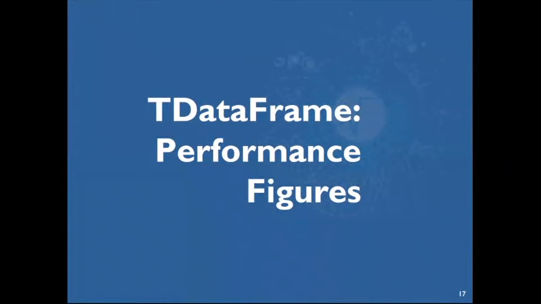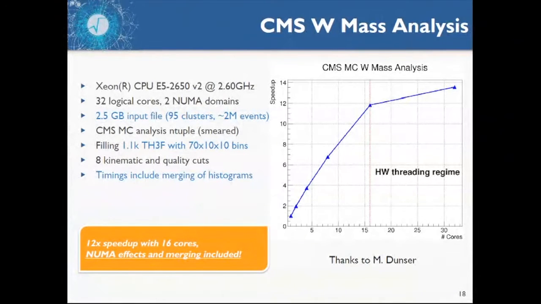So now I show some performance figures. This is a conversion into T-data frame of a CMS analysis. Thanks to Mark Dunster for that. Danilo ran this on a server with 32 logical cores, with a 2.5 gigabyte input file, and filling 1,100 3D histograms.